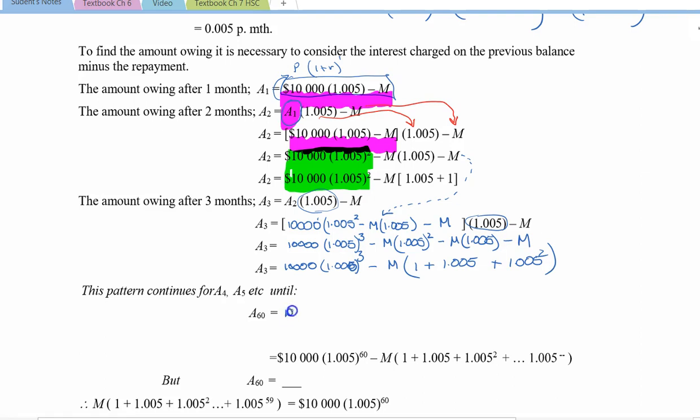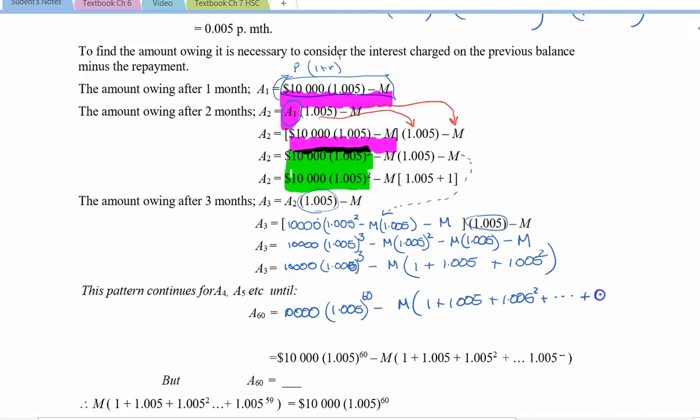So we know it'll be the amount of the loan, 1.005 to the 60 minus m times. This series is going to continue, and remember there are 3 terms, and to the power 2 when it was A3.